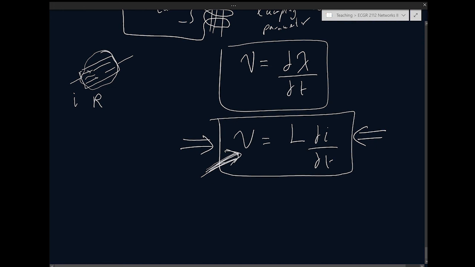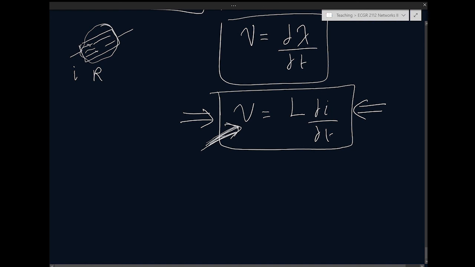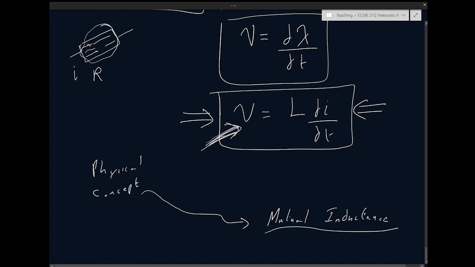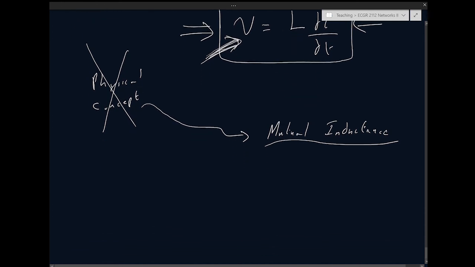Now we want to do the same thing: start with the physical concepts and use them to guide us towards the concept of mutual inductance. But once we reach this concept, we're going to forget about the physics and just use the equations that we get for mutual inductance. So this is the guiding philosophy here.